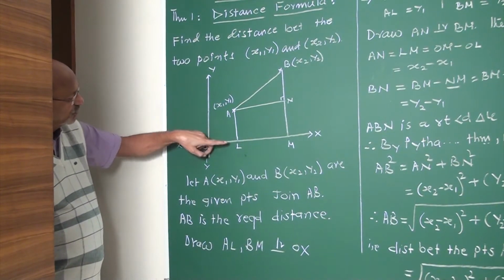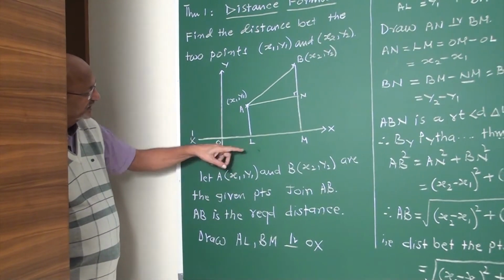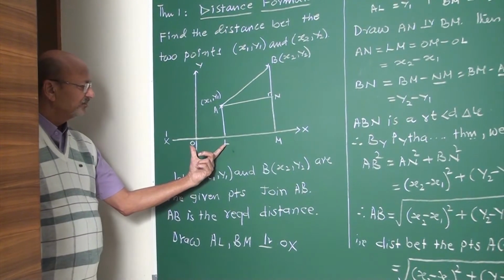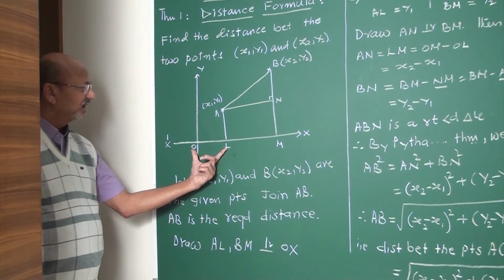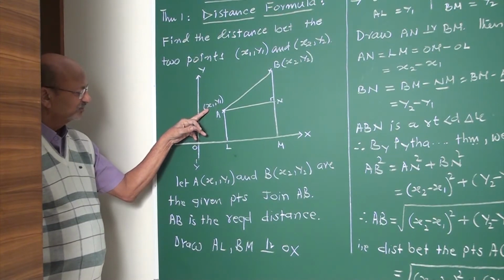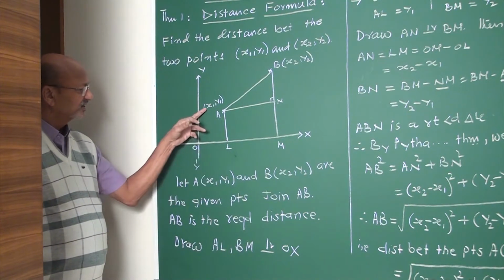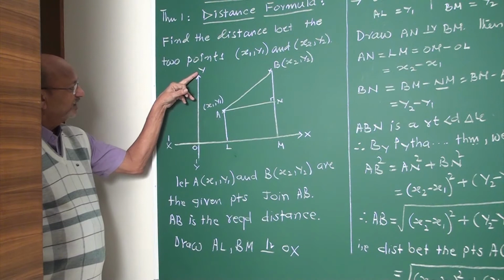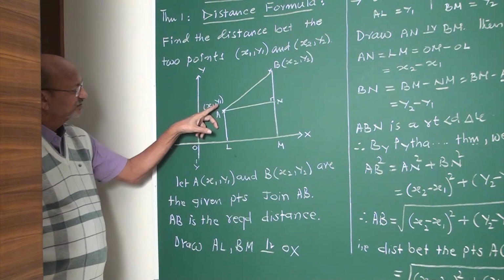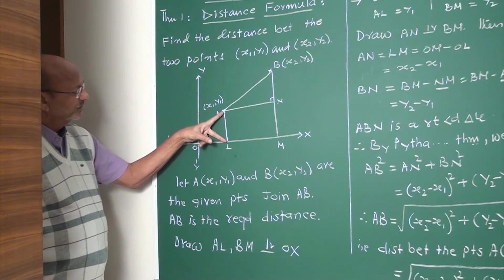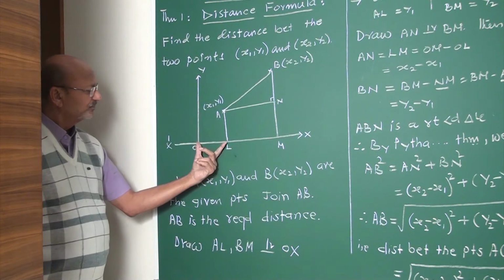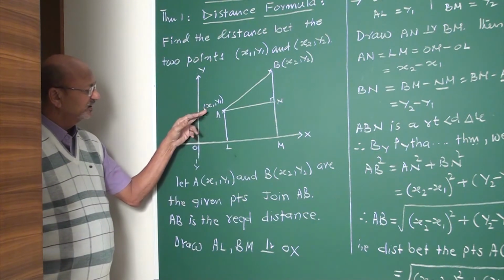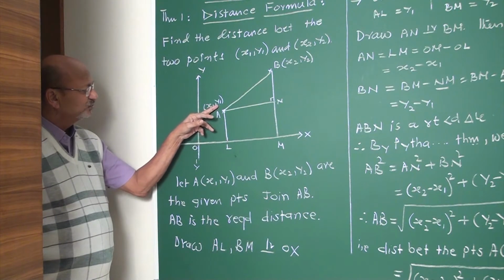From A, you have drawn AL perpendicular to the x-axis. You have two distances. One along the x-axis is the x coordinate: OL is x1. AL, parallel to the y-axis, means the y coordinate, so AL is y1. Along the x-axis is the x coordinate; parallel to the y-axis is the y coordinate.